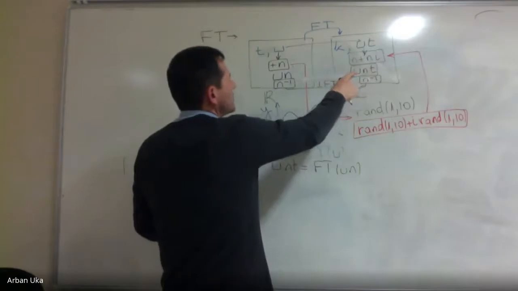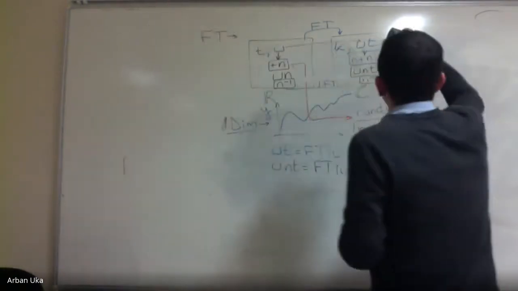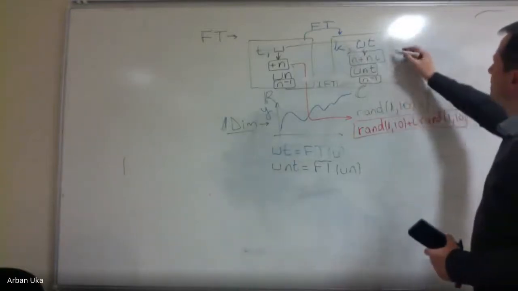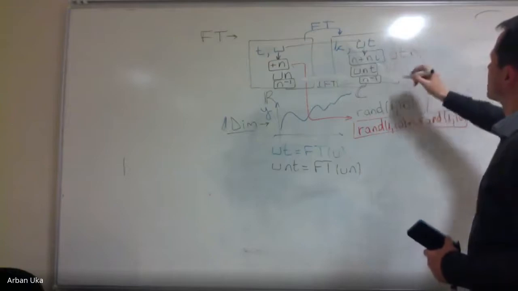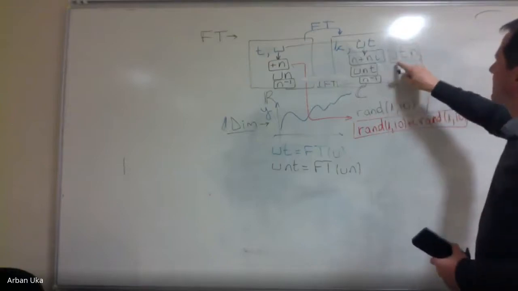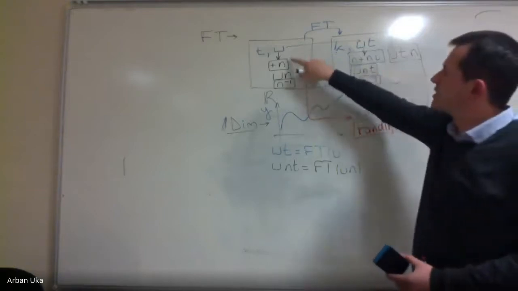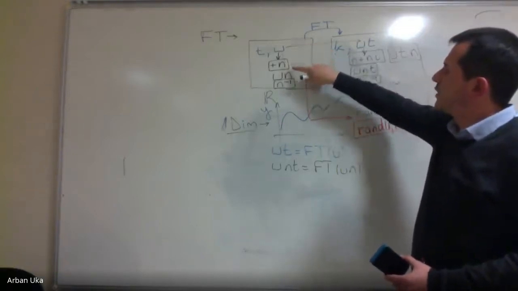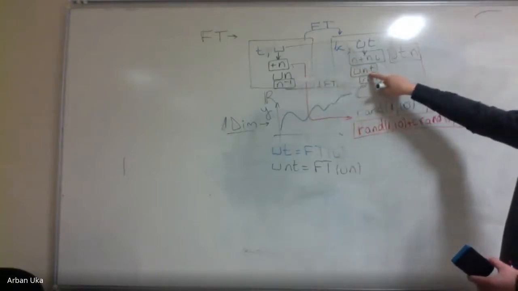This becomes a noisy signal. And if we add the noise here, it's probably better to denote this one as utn, which is the Fourier transform of this one with noise. And utn is different from unt, because unt has followed this path. The signal, you add noise, it becomes UN. You take the Fourier transform, it becomes UNT.